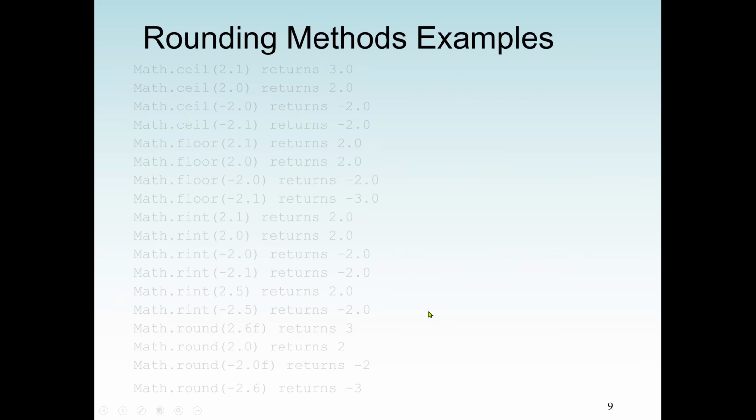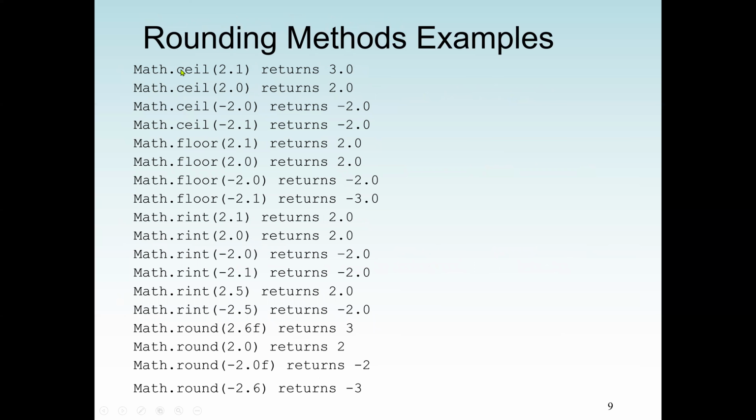So let's see some examples here. You can see that with ceil, the return type will still be double. But when we look at round, the returning value will always be int because we convert it to int. When you are rounding a value, it means you don't want the decimal part anymore.